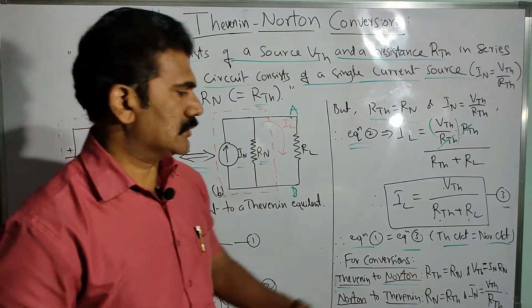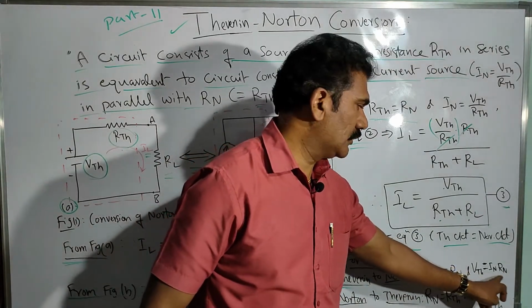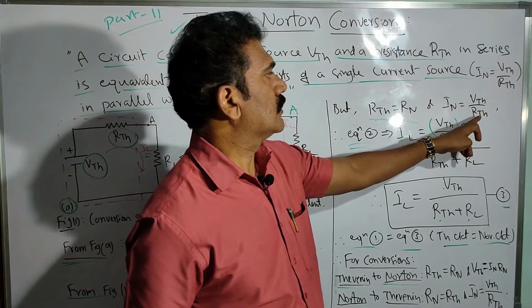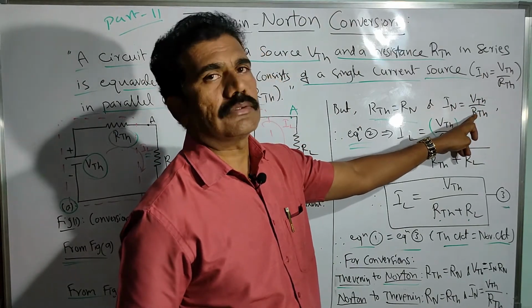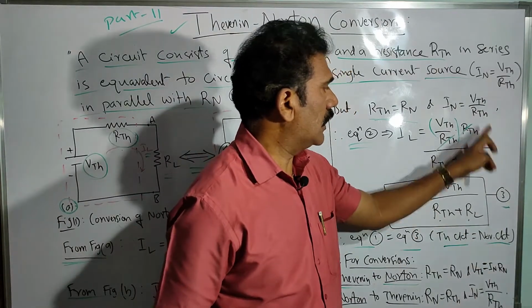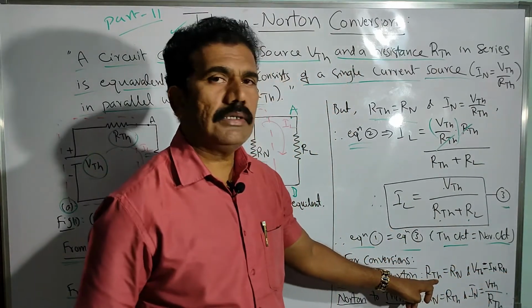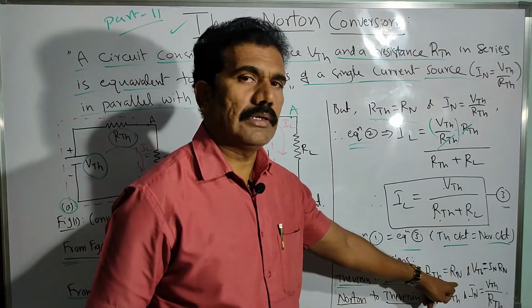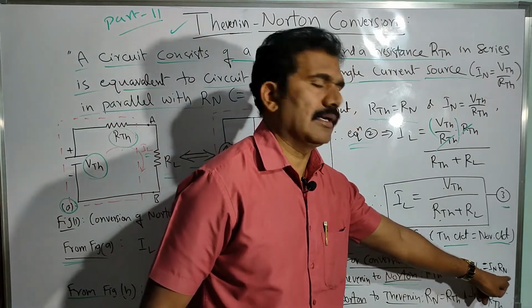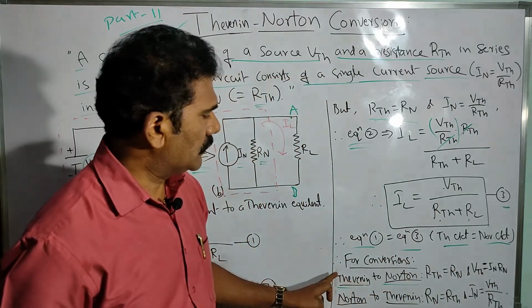That VTH must be assumed as the product of IN into RN, because VTH is actually the product of IN into RTH, and already RTH is equal to RN.